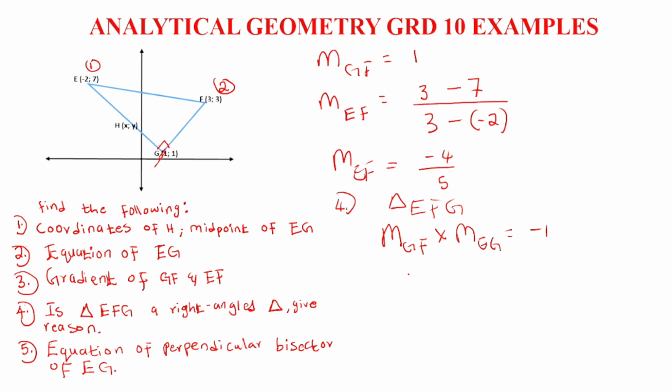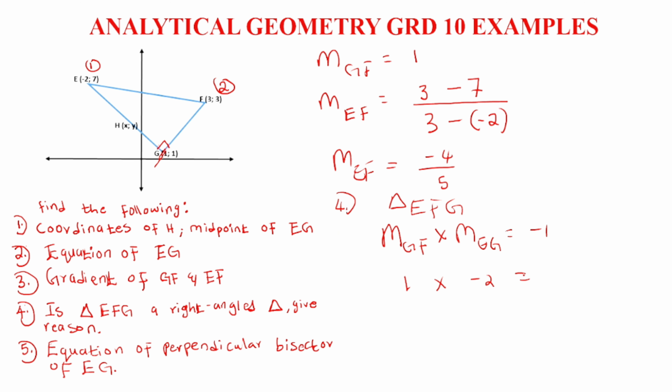So we can see from the gradients that we have calculated that none of them, if you multiply them together, will give us -1. For an example, the gradient of GF is 1 multiplied by the gradient of EG, and we know that the gradient of EG was -2.